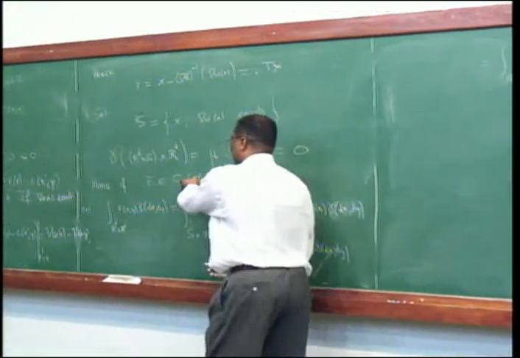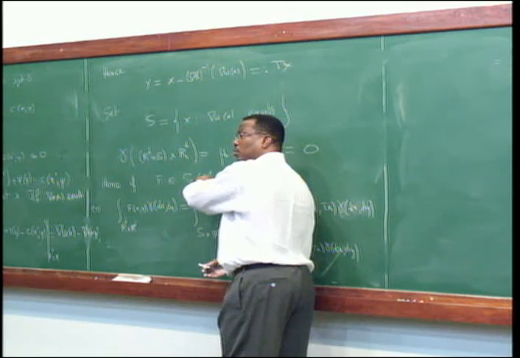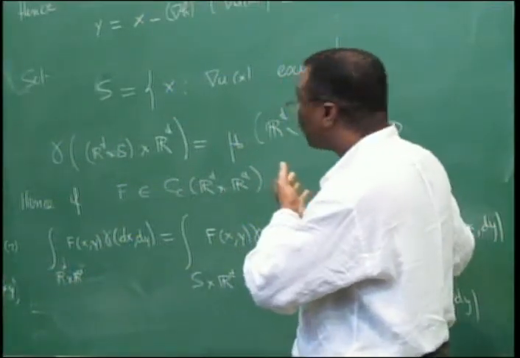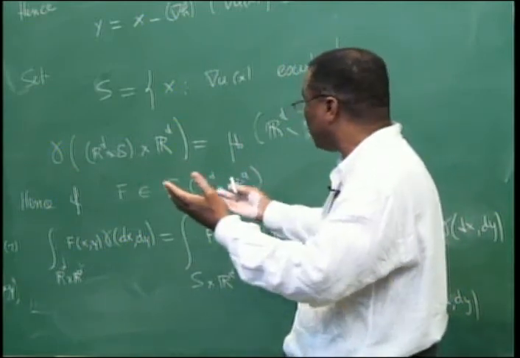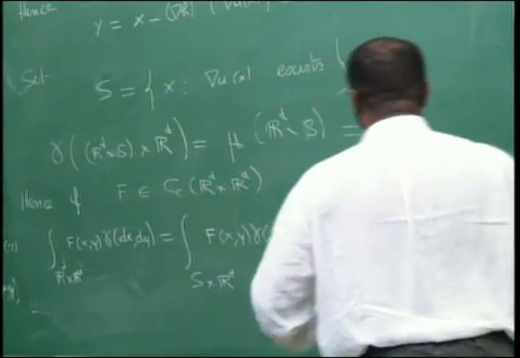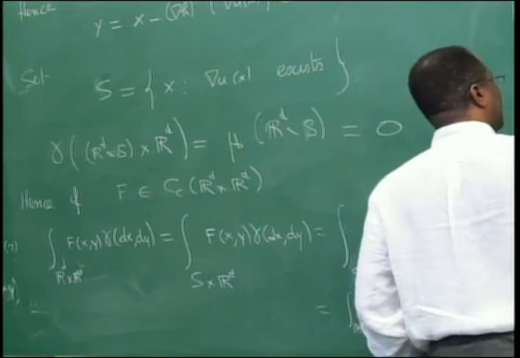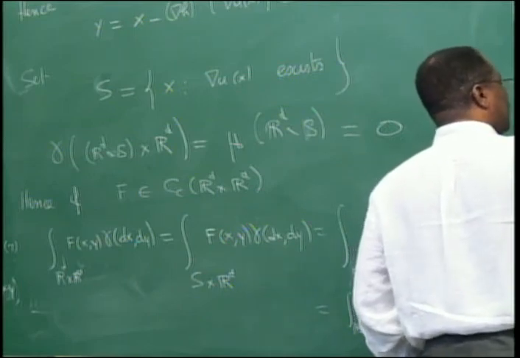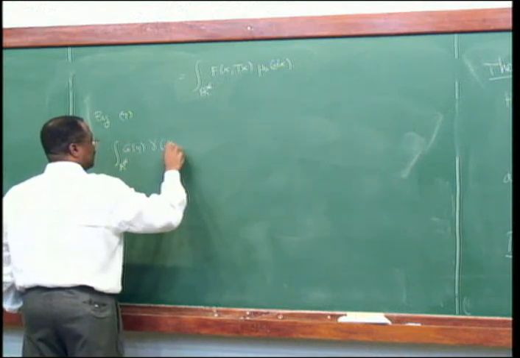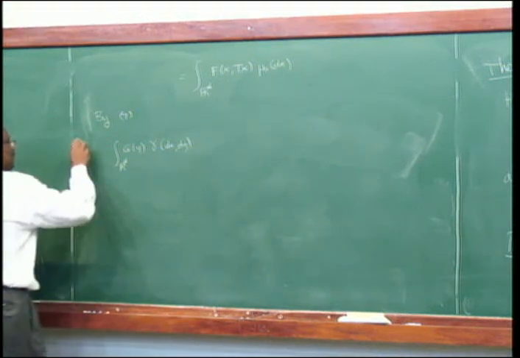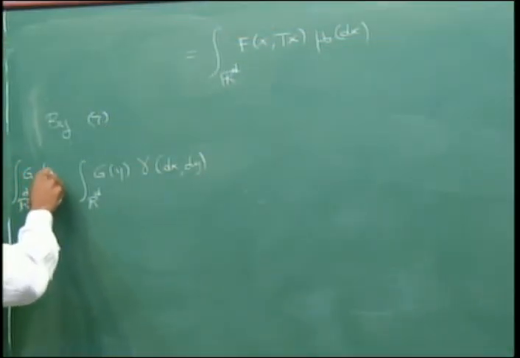So one may complain that here I have an f of compact support, but if this equality holds for f of compact support, it holds for every f bounded, because I can approximate every bounded function by functions of compact support. By 7, the integral over R^d of g of y gamma dx dy is the integral over R^d of g d mu 1.